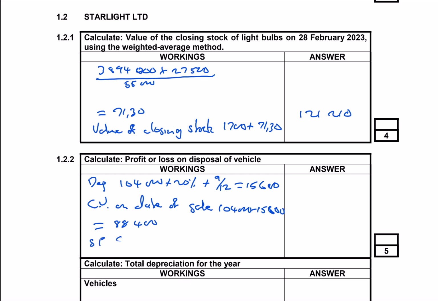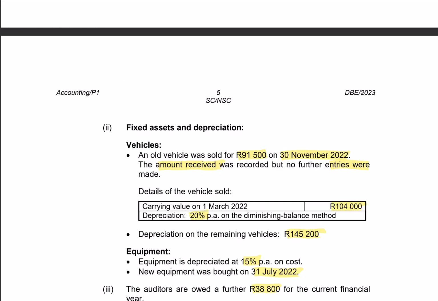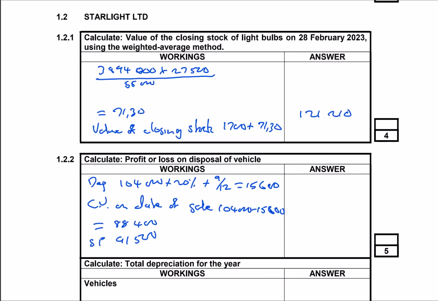Selling price, 91,500. Just double check. Yeah. So profit: you make a profit on a sale of any fixed asset above its carrying value. So the profit on sale will be 91,500 minus 88,400.